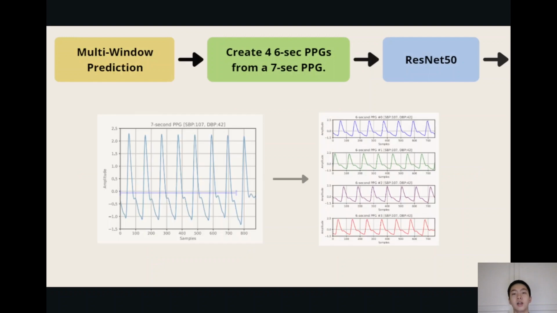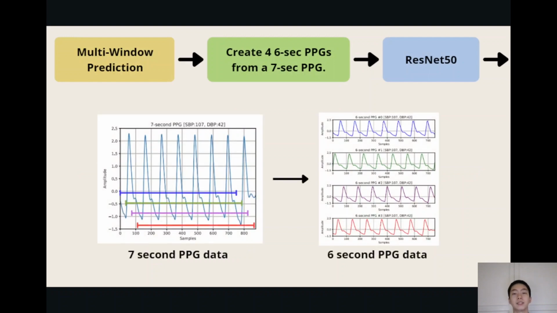We create four overlapping 6-second PPG segments from a 7-second segment by shifting the signal by 41 samples, given the sampling frequency of 125 Hz. This corresponds to a time shift of approximately 0.33 seconds.